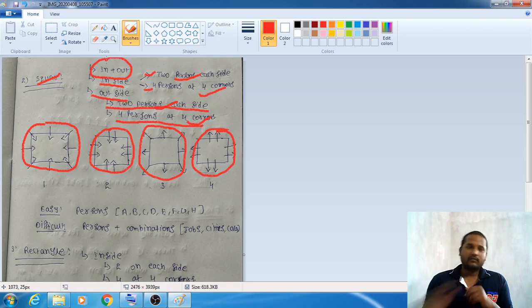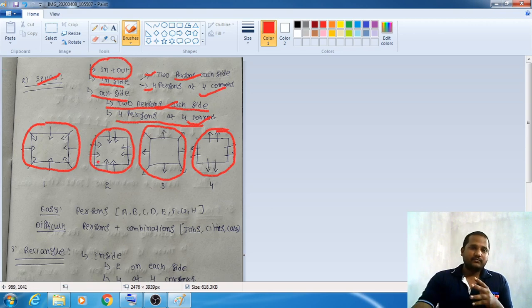Now the easy way: only persons are given, and from the data of how they sit, we have to solve it. We have to find out how they sit by the basic method.